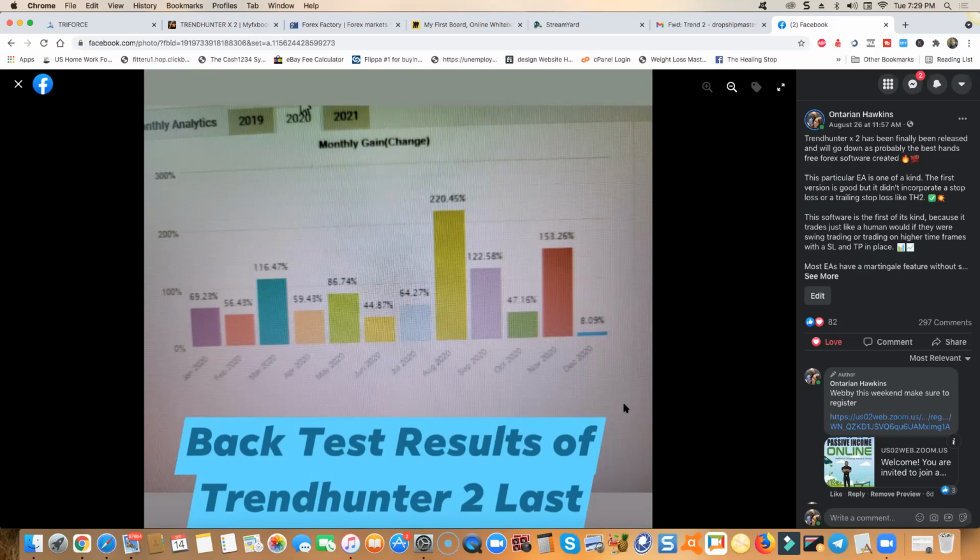But I'll tell you this right now. Our US broker's margin is about, I think the max is 1 to 50. So you have no choice but to use 1%.